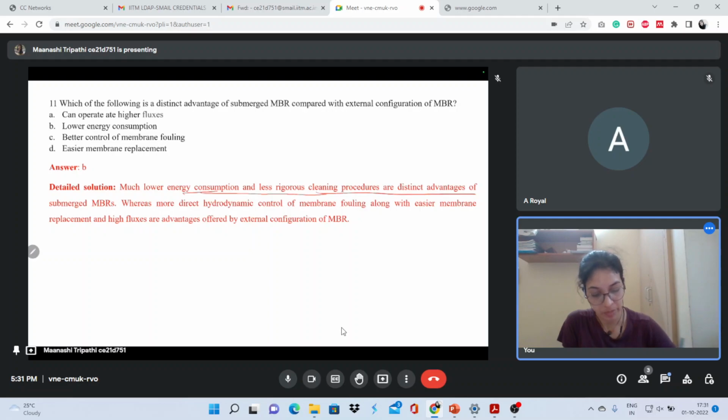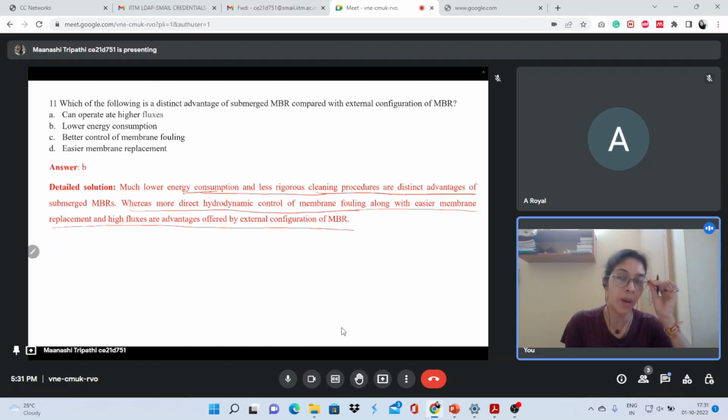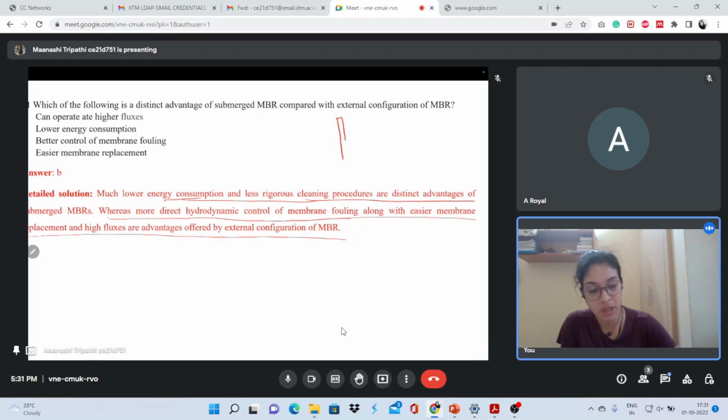But in the external system, there is more direct hydrodynamic control of membrane fouling along with easier membrane replacement, and a high flux advantage is offered by the external configuration of MBR. Membrane fouling will be the bigger problem in the internal configuration. This membrane will always be submerged inside the water, so there will be more fouling.